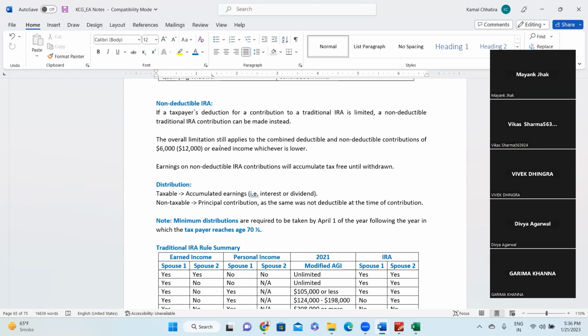There is no limit to it. Second is, the overall limitation still applies to the combined deductible and non-deductible contribution of 6,000, 12,000 or 7,000 or 14,000 as the case may be, or the earned income, whichever is lower.